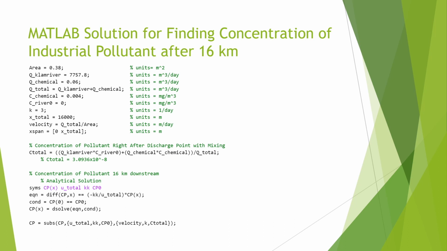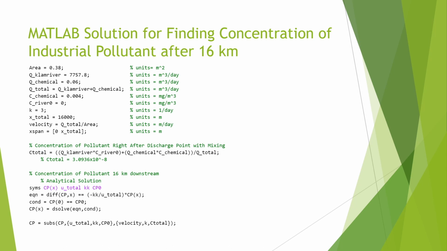The only thing we don't know is C total, the concentration downriver after the river and the pollutant have combined. Through our variables, we found that this concentration was 3.0936 times 10 to the negative 8th milligrams per meter cubed. With this value, we can find the concentration of the pollutant 16 kilometers downstream.